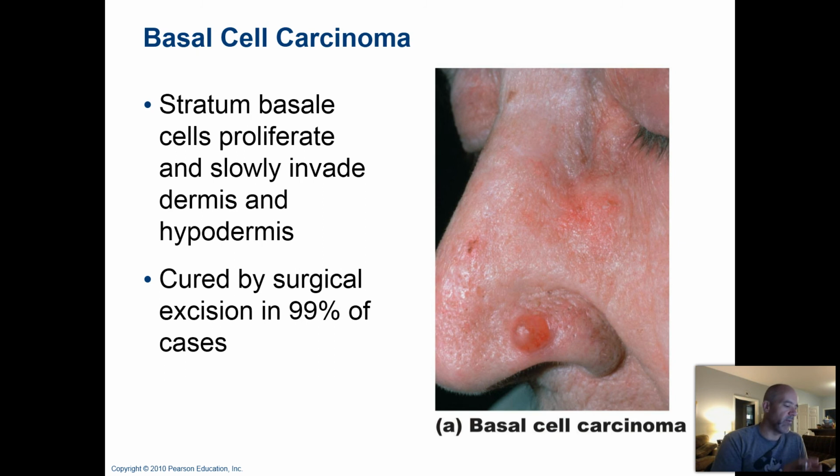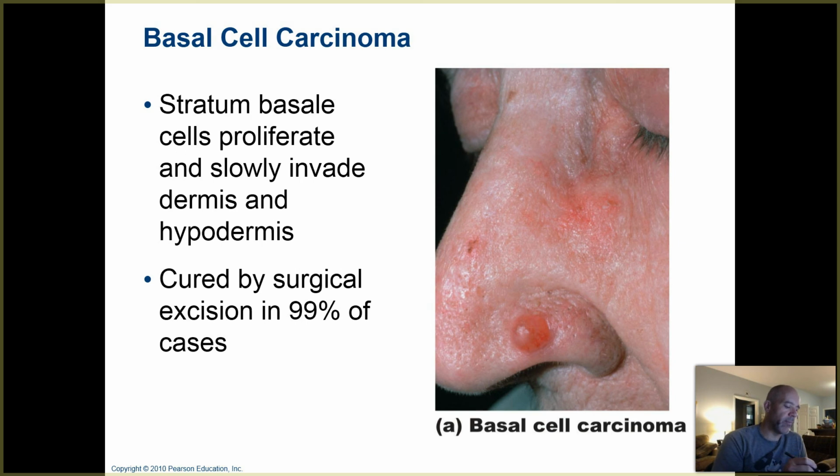All right, here's an image of a patient who has a basal cell carcinoma on the nose. These types of cancers are, of course, as we talked about in the last video lecture, more common as you age. They're slow, so they develop in the stratum basale, and they very slowly invade down into the dermis and the hypodermis.